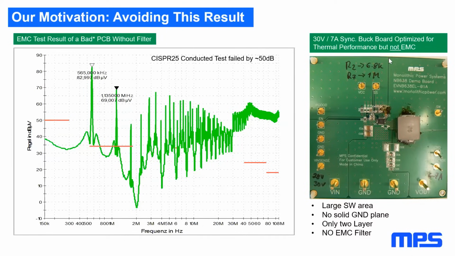We see a huge switch node on the top side and the bottom side. It's acting as cooling heatsink for the inductor and for the IC. There are only two layers, so there's no solid ground plane under the DC-DC block to provide area for eddy currents, and of course there are no input EMC filters to clean the input.